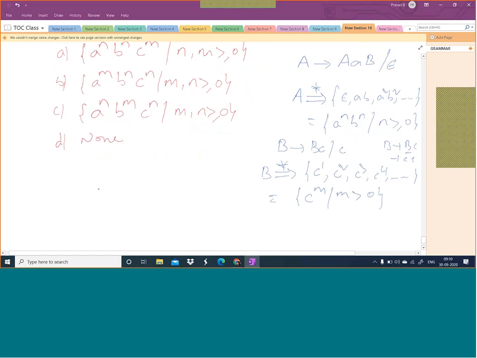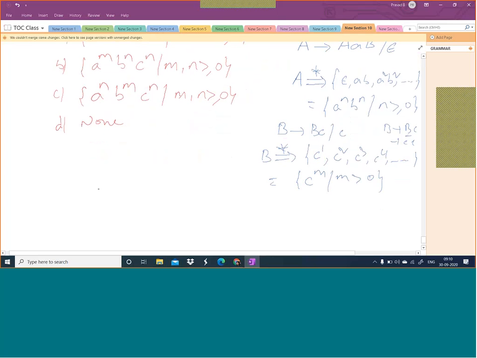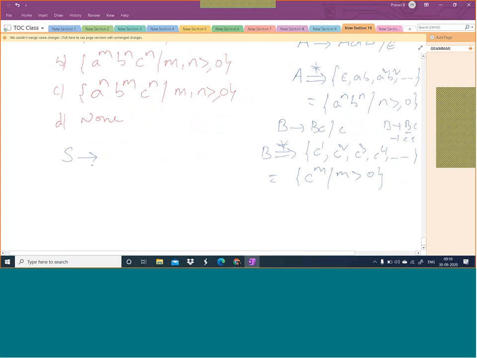Therefore, here actually what is the start symbol? S is the start symbol. S gives AB, and through A you will get A power n, and B gives C power m. So here n is greater than or equal to 0 and m is greater than or equal to 1. This is the language, but it is not the one asked.